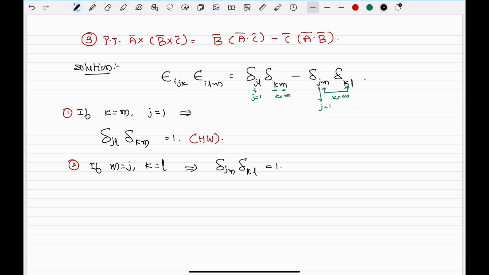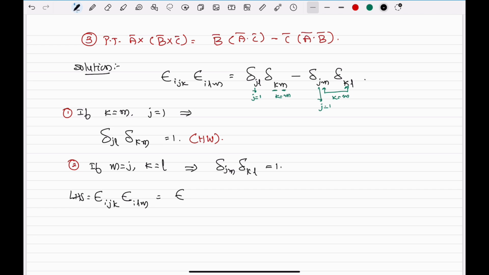When we apply these values in the left hand side, it becomes epsilon ijk into epsilon ilm, which is equal to epsilon ijk.